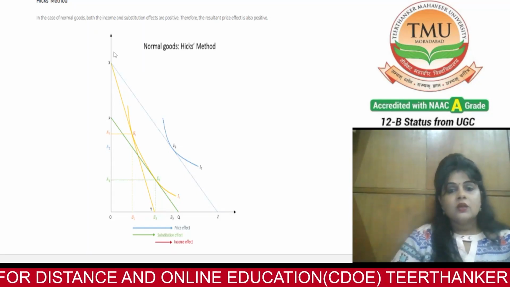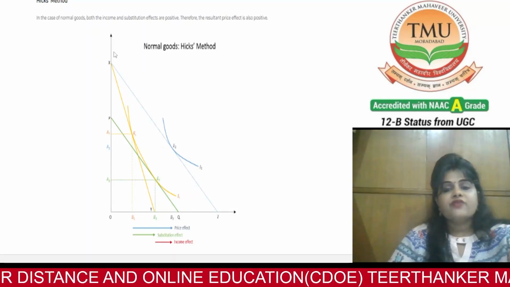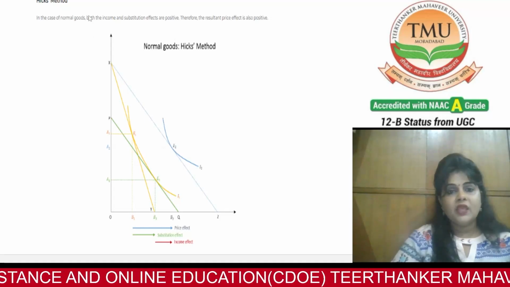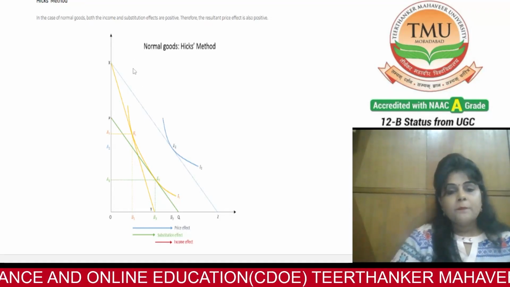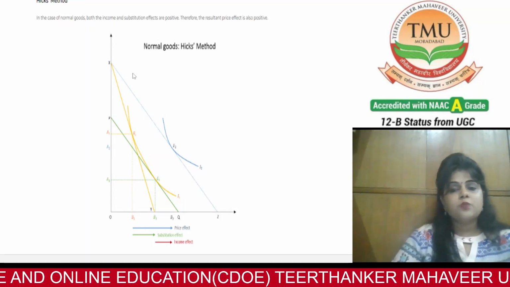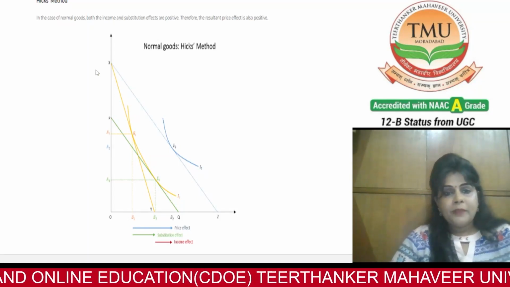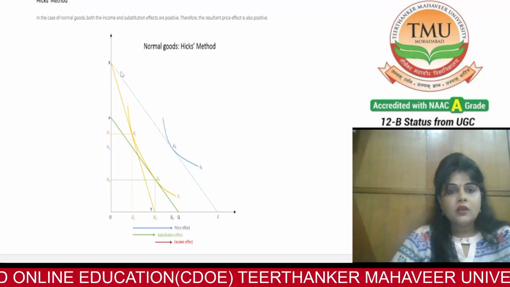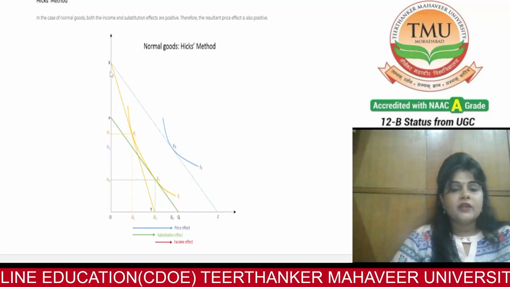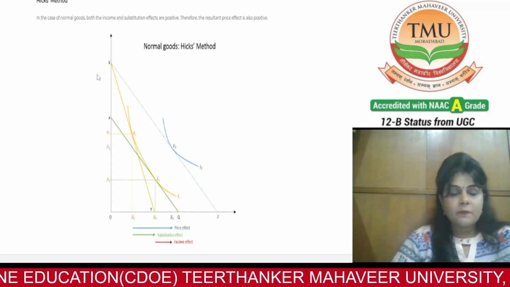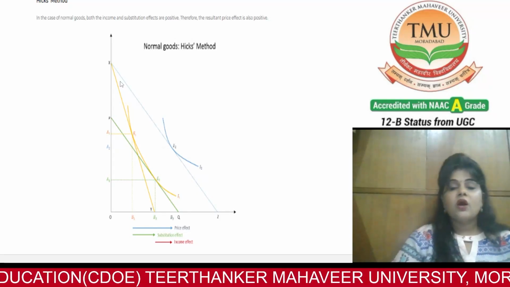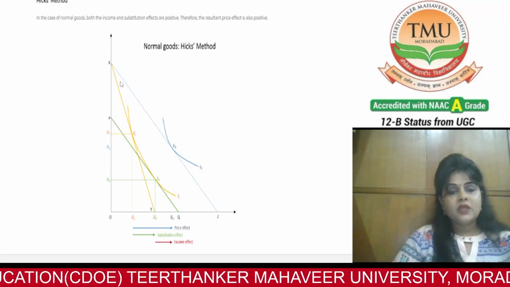E3 is on the original indifference curve but is associated with the new budget line PQ. The quantity demanded at this point is B3. The difference between B1 and B3 is the substitution effect, because the income effect has been offset.